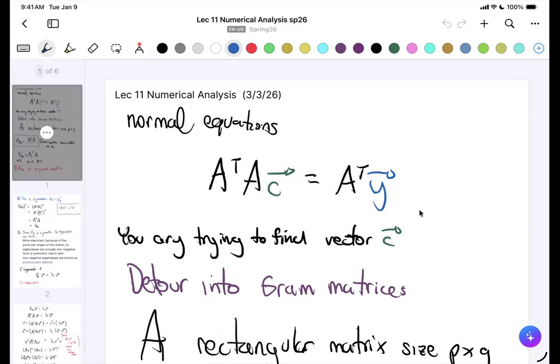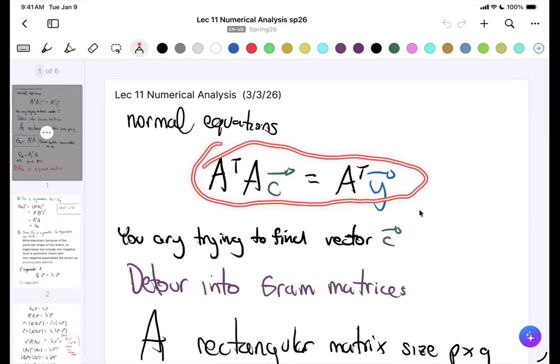The coefficients that determine the polynomial, arranged as a vector, need to satisfy this equation, which is called the normal equations.